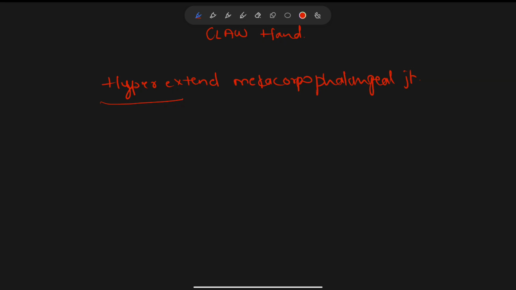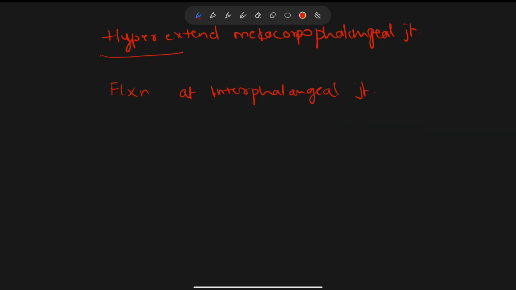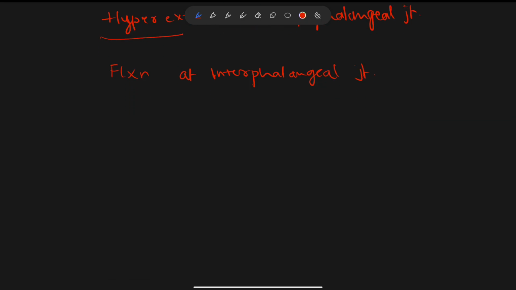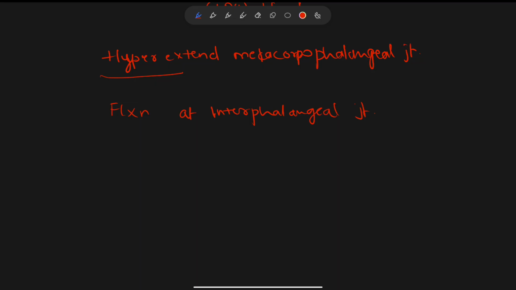Okay, and then what will you do? Flexion where? At the interphalangeal joint. Okay, hyperextend at the metacarpophalangeal joint and flexion at the interphalangeal joint. So this will be a claw. You will have the claw hand features.